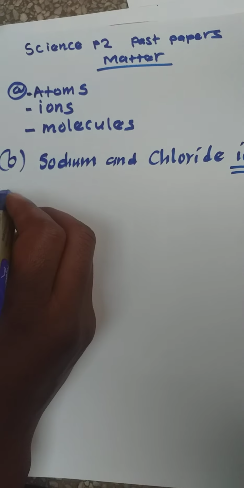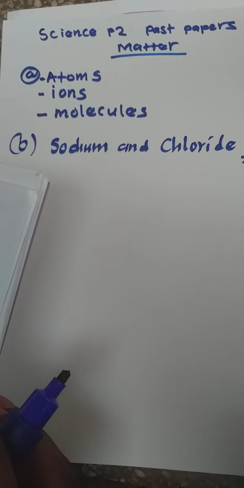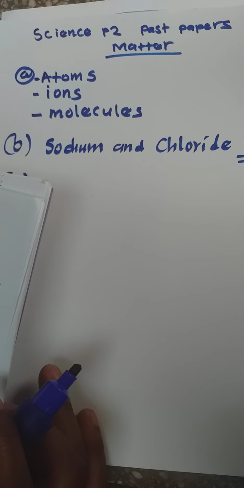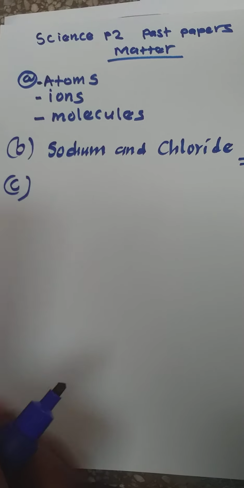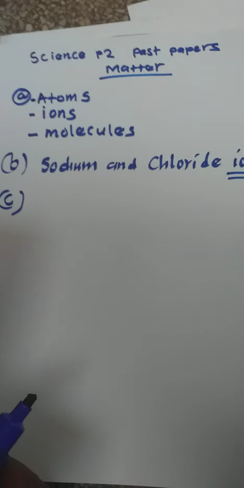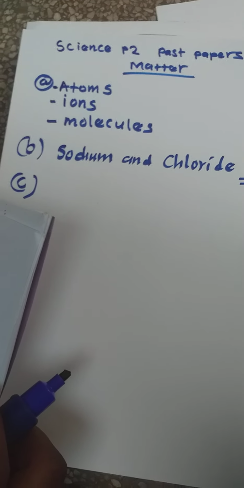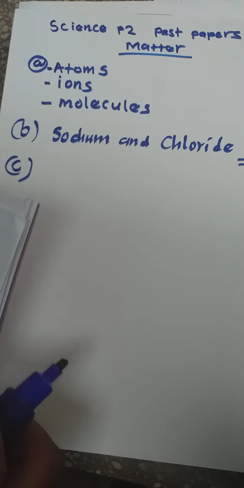Then coming to part C. Noble gases like argon are made up of one of the basic unit particles. State the basic unit particles in noble gases. Remember, noble gases are gases or elements found in group 8 of the periodic table. They never react because they are naturally stable.